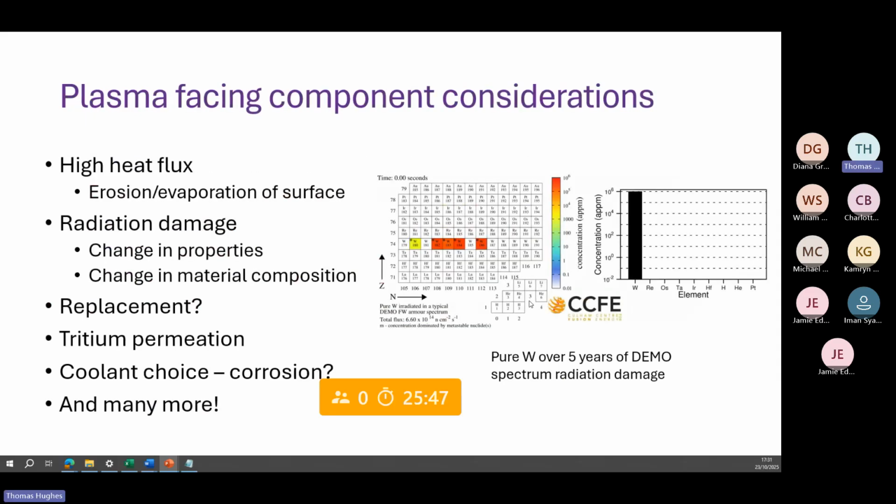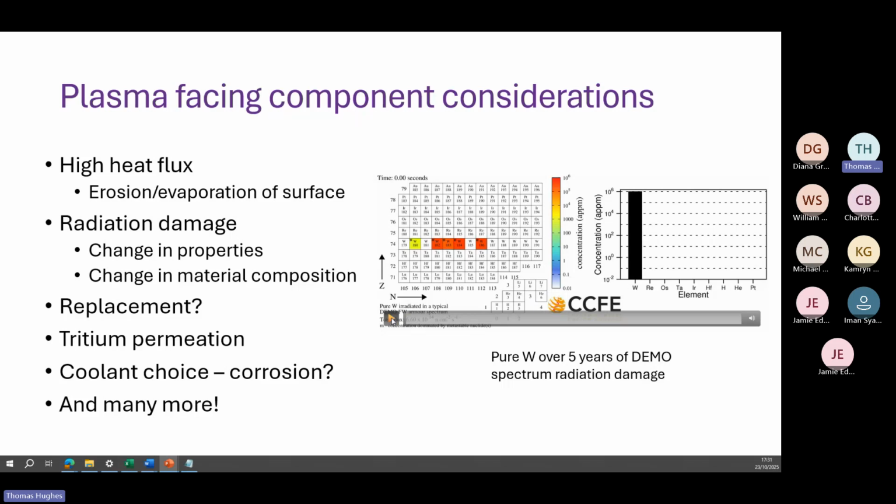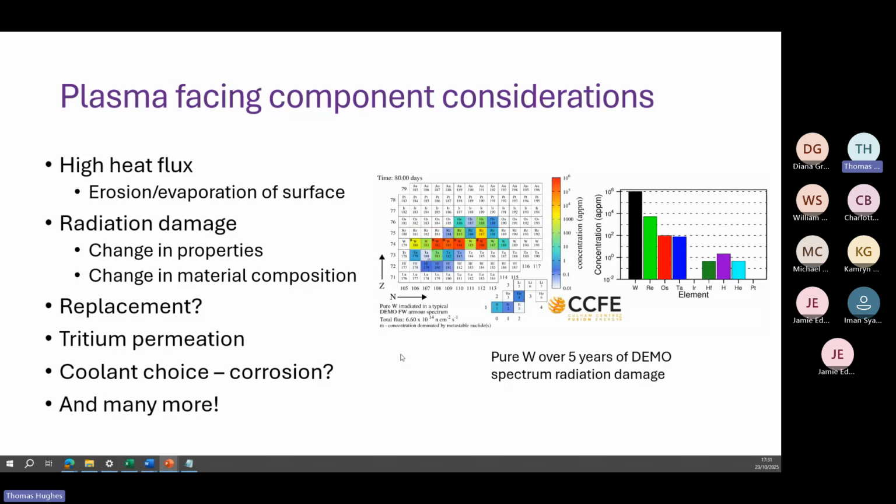So with high heat flux, we've got to consider the erosion and evaporation of the surface of your parts. Radiation damage: as a brief look before we start that in a few weeks, here's an example of a pure tungsten part in what should be a DEMO spectrum.